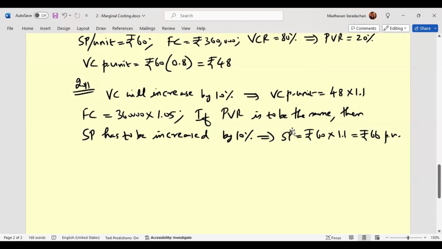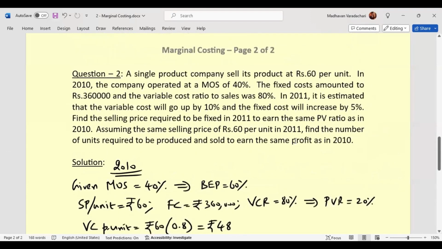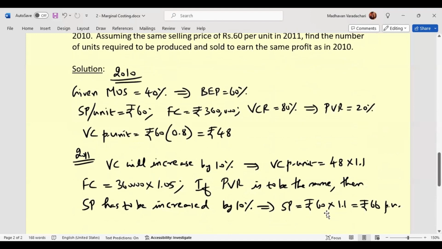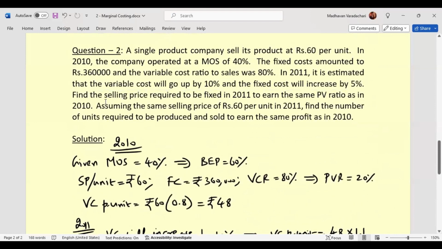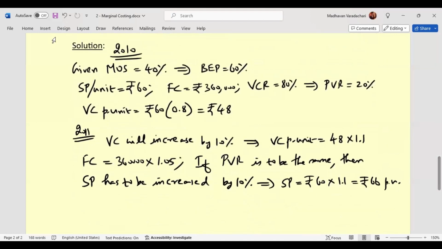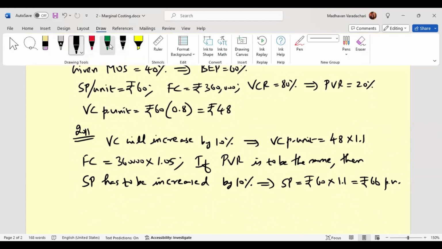We have already found the first part of the question: find the selling price required to be fixed in 2011. That is done. So this is the solution for it.